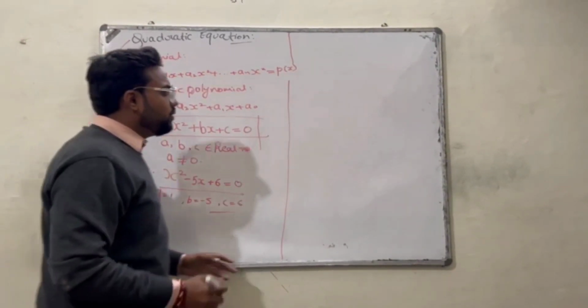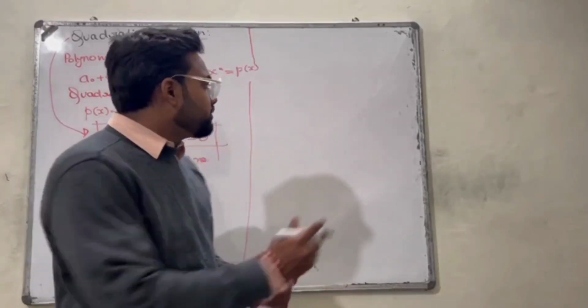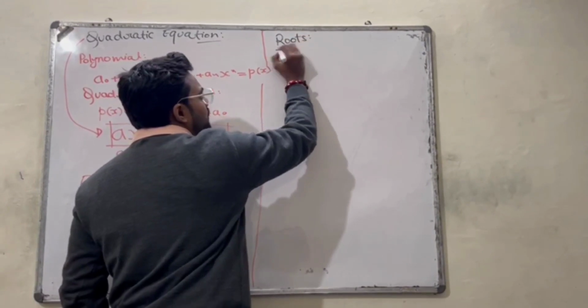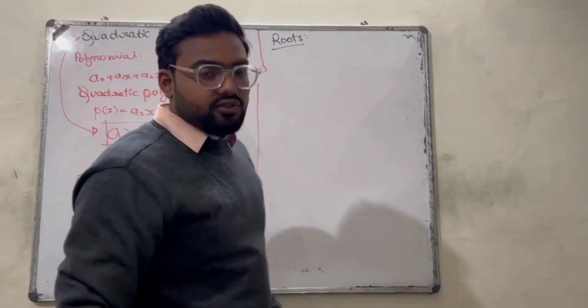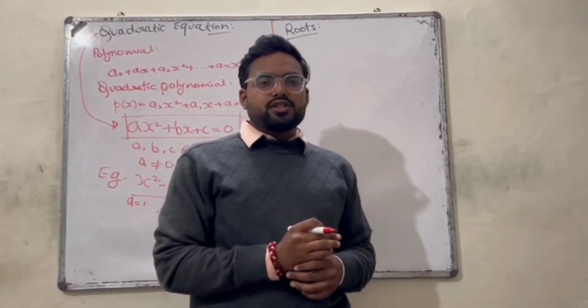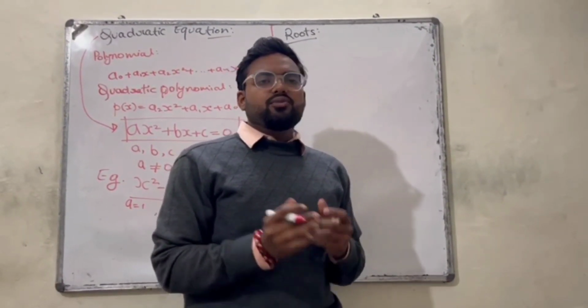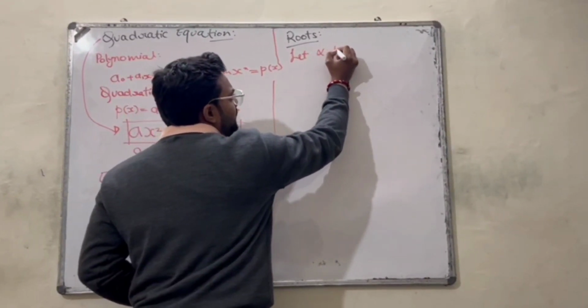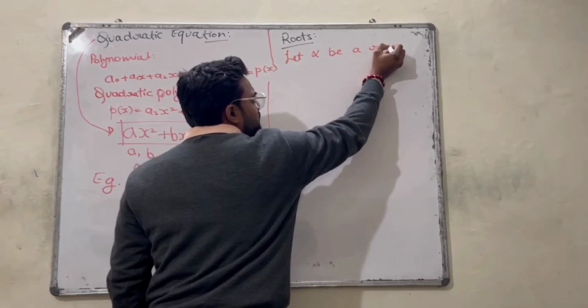Okay. Now, what are roots of a quadratic equation? Students, roots are basically the values of variable x for which our given equation becomes 0. For example, let alpha be a real number.